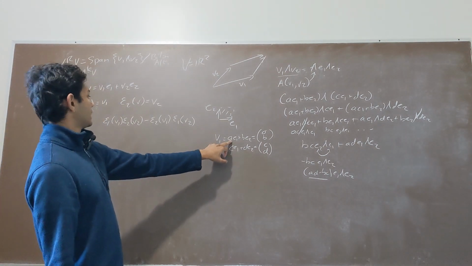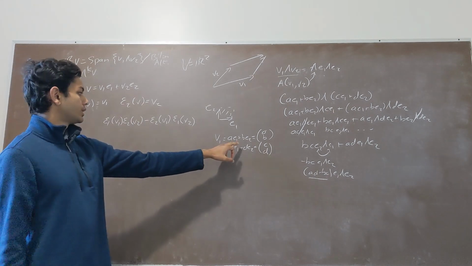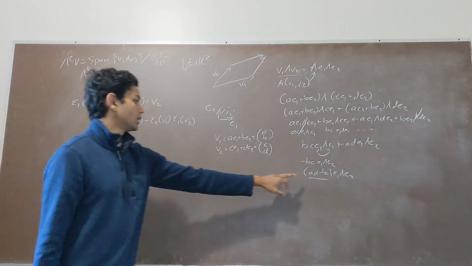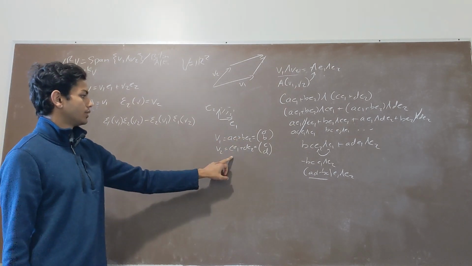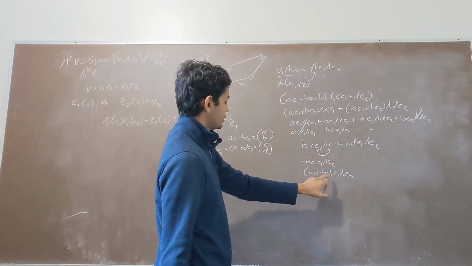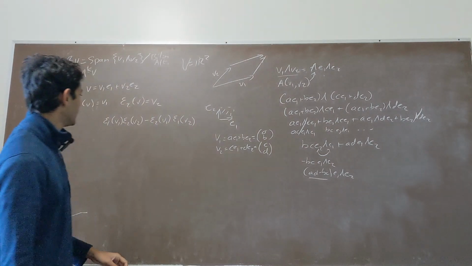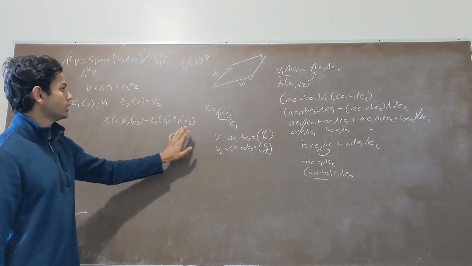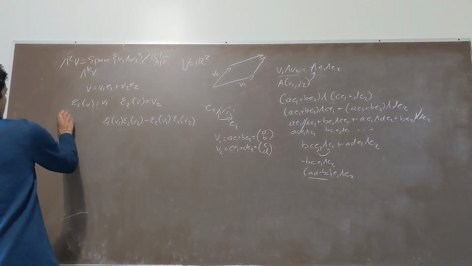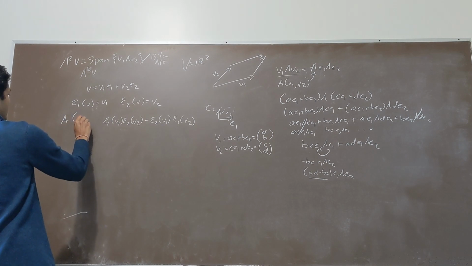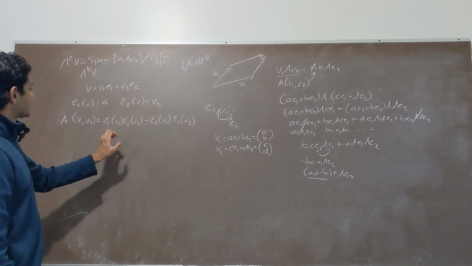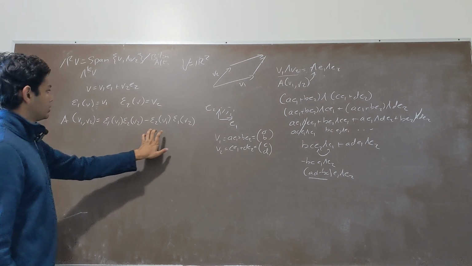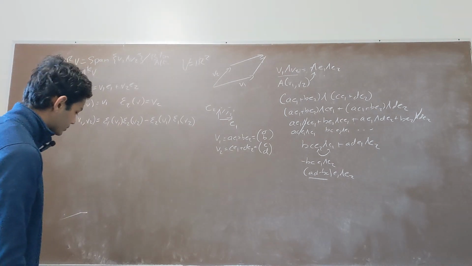Epsilon 1 of V1 is A, epsilon 2 of V2 is D, which is what shows up here. And then epsilon 2 of V1 is B, and epsilon 1 of V2 is C. And those are the two things that show up here, and there's a negative sign. And so we see that this expression is just the area function of V1 and V2 that we wanted. So in terms of epsilon 1 and epsilon 2, we can define the area to be this expression.